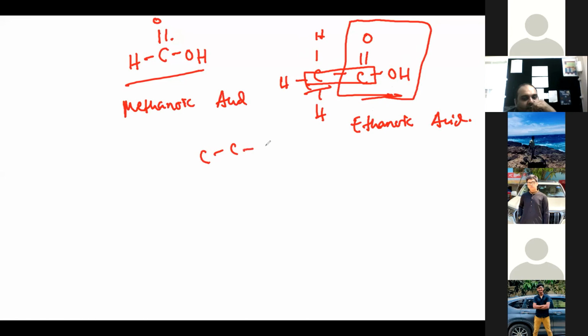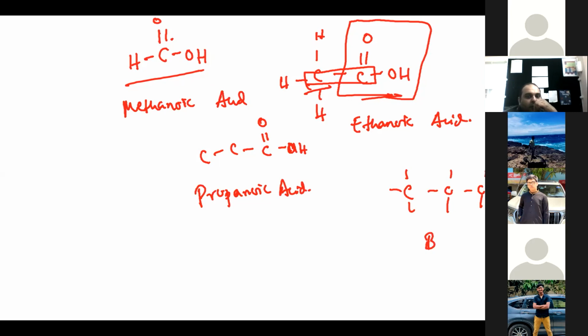If we have 3 carbons, propanoic acid. And if we have 4 carbons, butanoic acid.